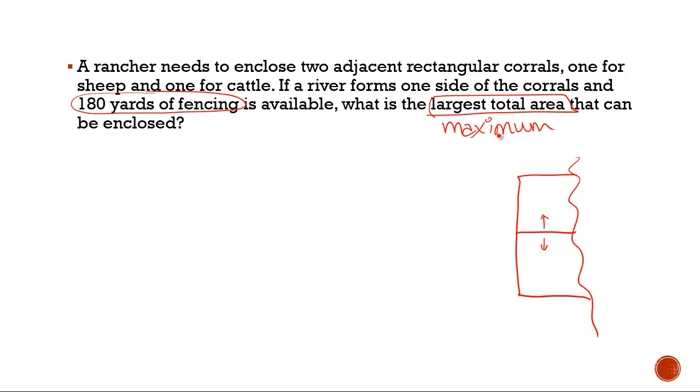Since we're maximizing area, our function answer will be area, whereas the input could be something like the width of the fencing. So if we know that x is the width, and we know that we have 180 total yards of fencing, well, let's take a look.